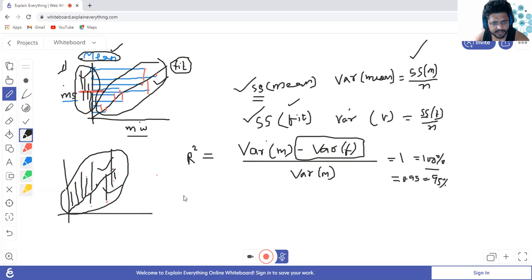So when will be the worst case scenario? The worst case scenario will be when the mean of the y-axis and the best fit line are the same, right? Suppose I have a distribution like this.